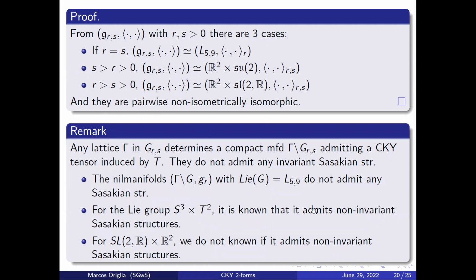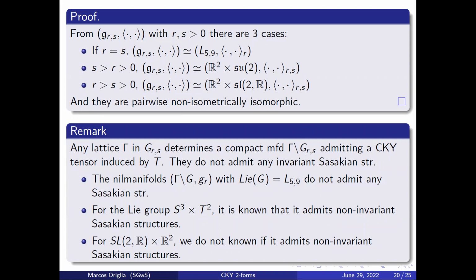In the other 2 cases, for the second one, R2 times SU2, the compact manifold admits a non-invariant Sasakian structure. And for the last one, we don't know. But at least in the nilpotent case, this is an example of a compact manifold with one of these strict conformal Killing 2-forms that does not admit any Sasakian structure. So they are really different from the known examples.